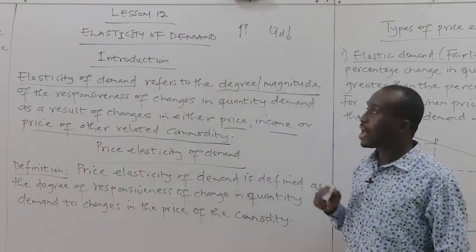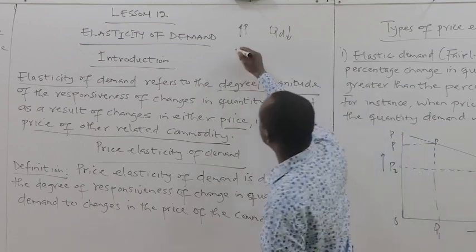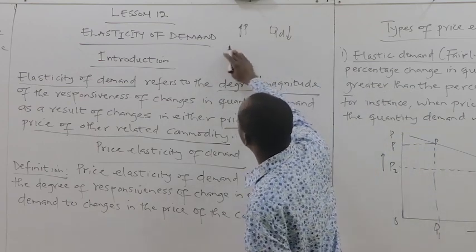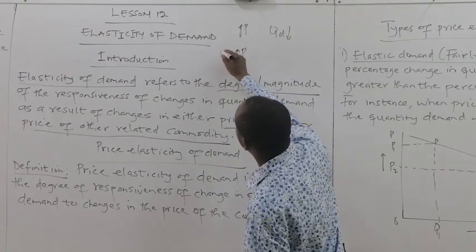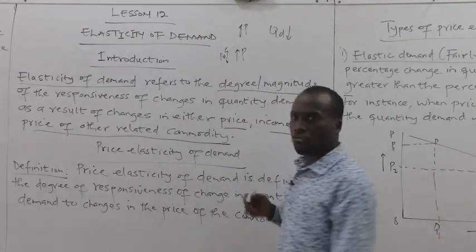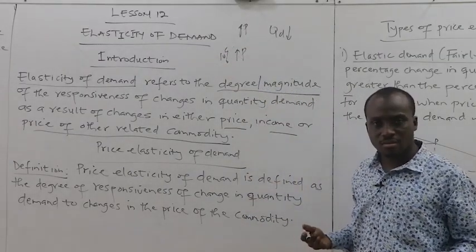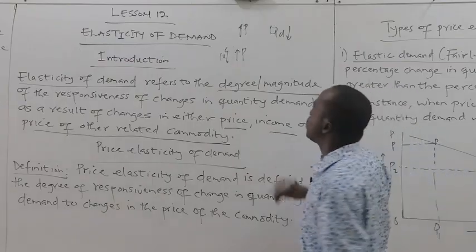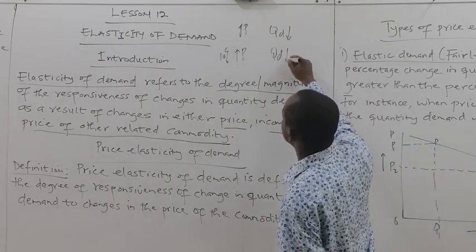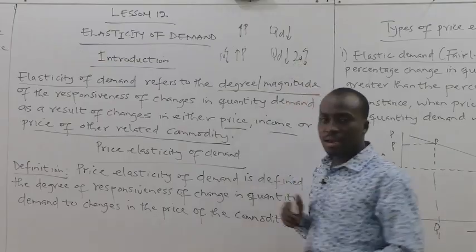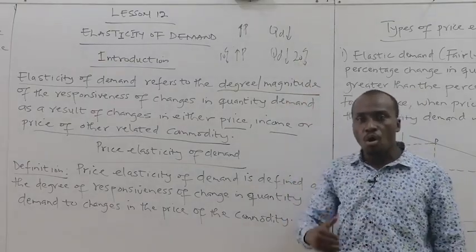For instance, if price increases by 10%, demand will fall. Demand will fall by what? Demand will fall by maybe 20%. Right? So in this lesson, we are trying to be more specific.